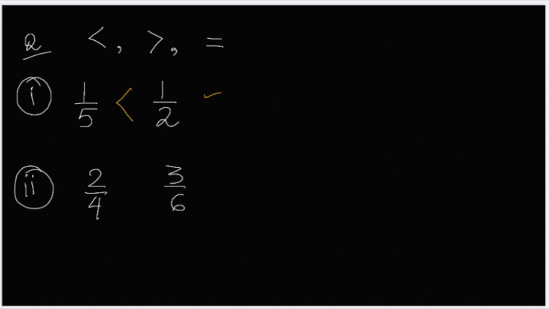Okay, so see here we can reduce using the HCF method. So 2 ones are 2 and 2 twos are 4, so the first fraction becomes half, and again 3 ones are 3 and 3 twos are 6, so again this one becomes half. So basically they are equivalent fractions, so we will give equal to sign. So this is your answer.